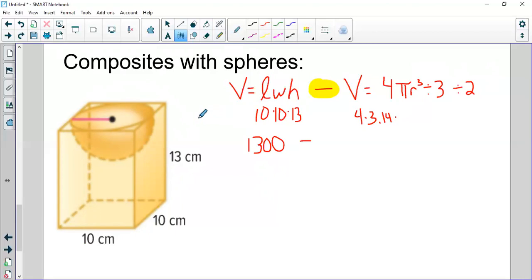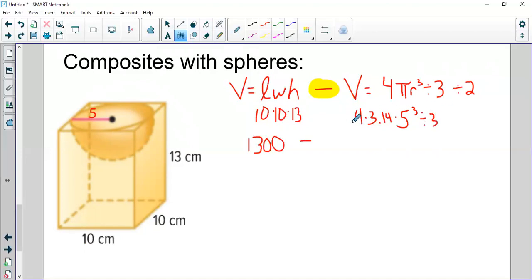Well, let's take a look for the radius. They drew it, but they didn't give it to me. Well, it goes from here halfway across this circle. Halfway across the circle is also halfway across this rectangular prism. All the way across this prism is 10. So halfway across, my radius is 5. So it's going to be 5 cubed, and then divide by 3.